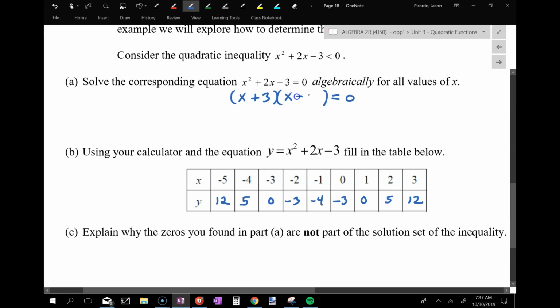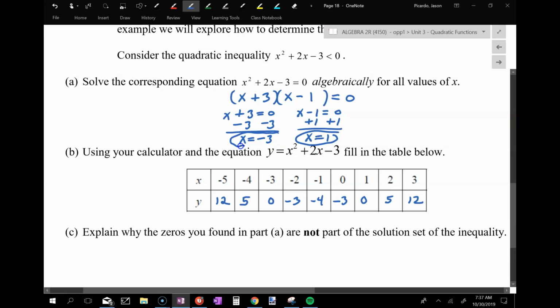I think it's a +3 and a -1. And then I set those equal to 0. And there's my solution of 1.